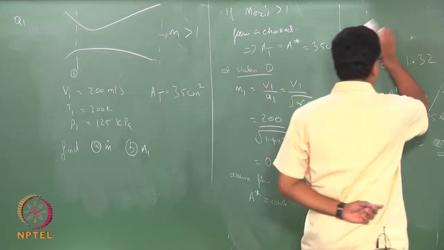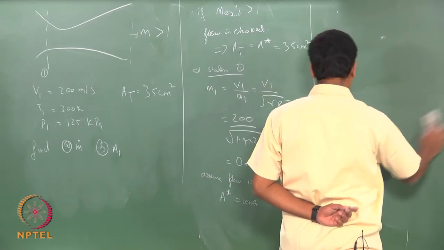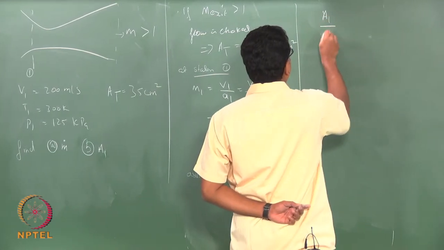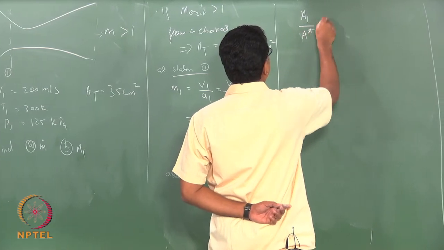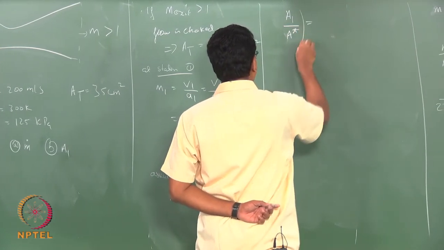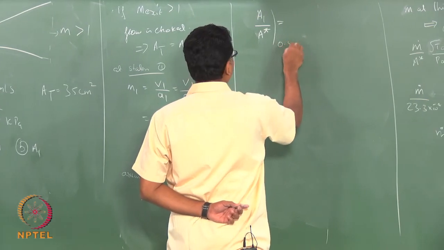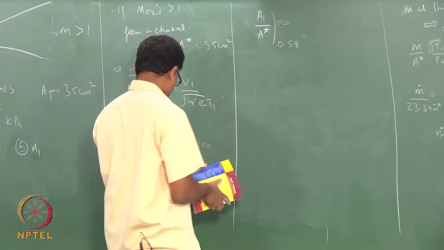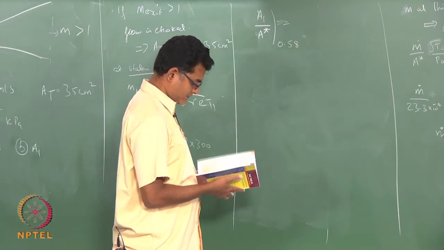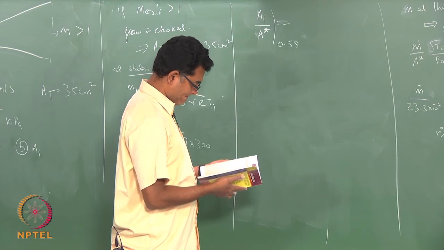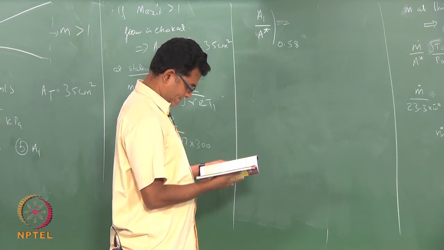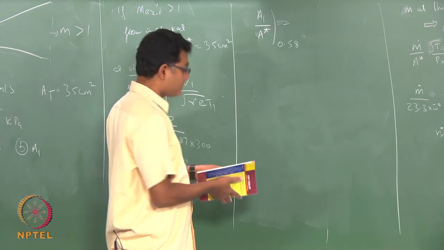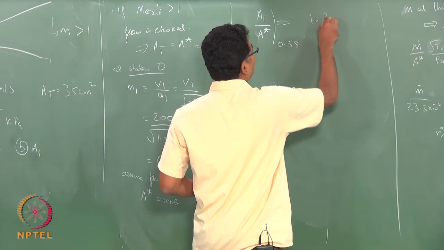So, if my A star is constant, my A1 by A star at Mach number 0.58, I look at the tables, Mach number 0.58 has an A by A star of 1.213.